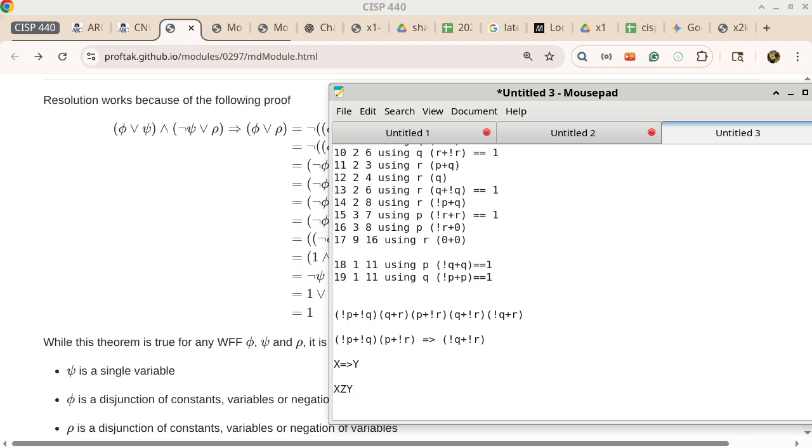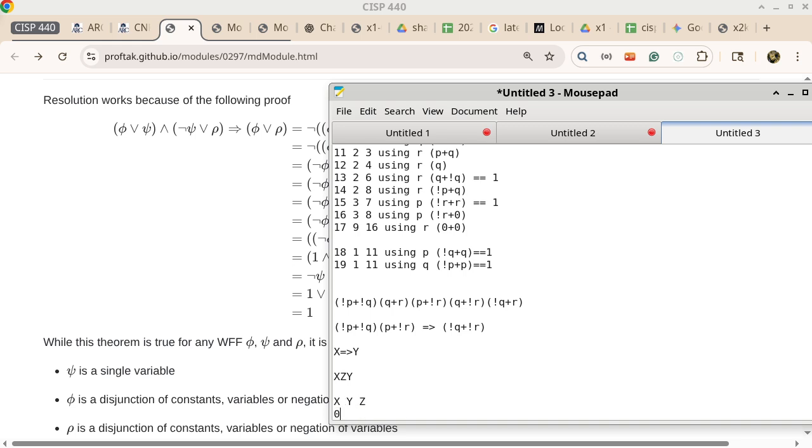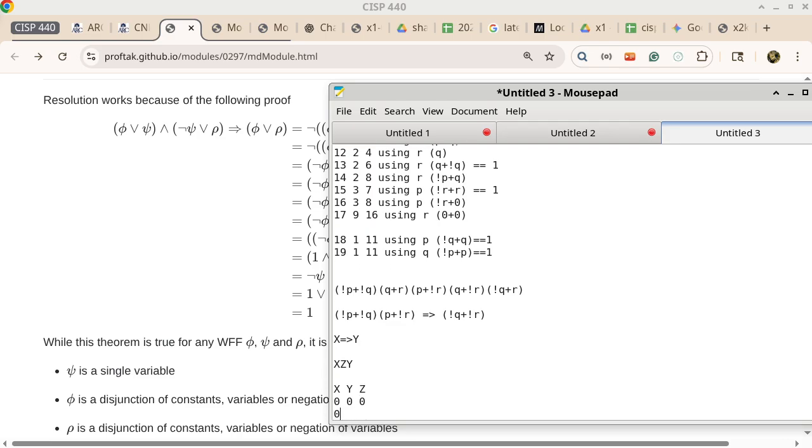Are we doing okay? All right. So what is the tool that we're going to use? Truth table. We're going to use a truth table here. The truth table has X, Y, and Z, so this is going to be a little bit longer of a truth table.